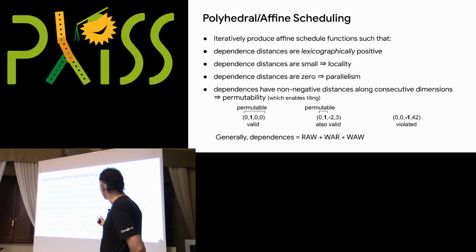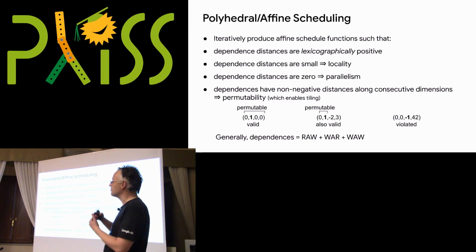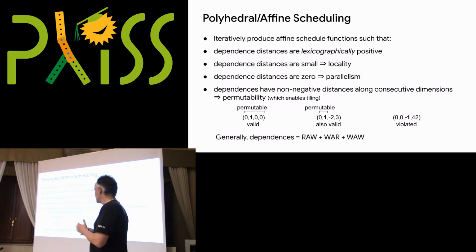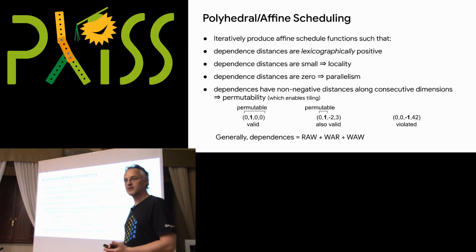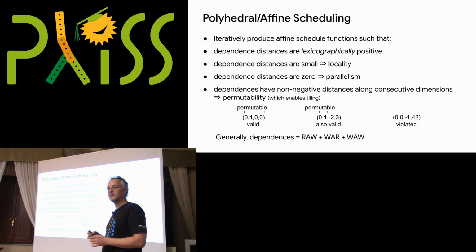Some of the dependence coefficients should be permutable. So you look for an affine function that schedules iterations over time, such that dependencies for all the statements involved in the computation actually always go forward, irrespective of which computation you choose. When you have this property, you precisely point out which dimensions actually commute, and then these are the levels where you can apply tiling.